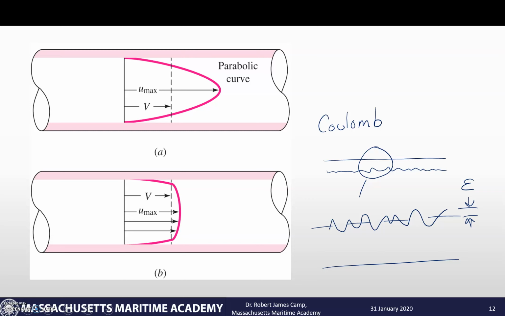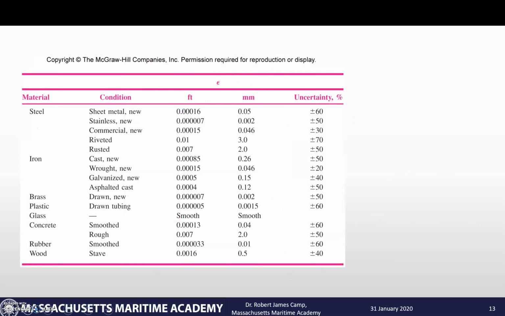After Coulomb did this work, we have this concept of the surface roughness ratio, which is epsilon over d. Now, this table is from the textbook, and it shows the epsilon values for a bunch of different materials at different states. You'll also notice we've got them in feet and millimeters, so we have to pay very special attention to what unit system we are using to figure out which epsilon over d roughness ratio comes into play.